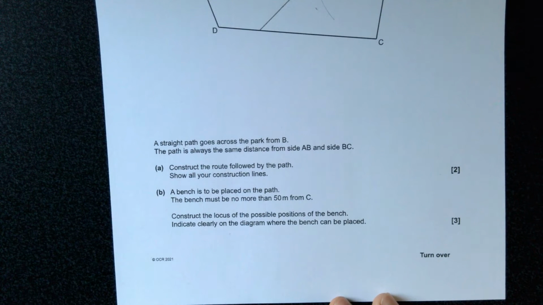Next, for part B, the bench is to be placed on the path. The bench must be no more than 50 meters from C. We have to construct the locus of the possible positions of the bench, and indicate clearly on the diagram where the bench can be placed.